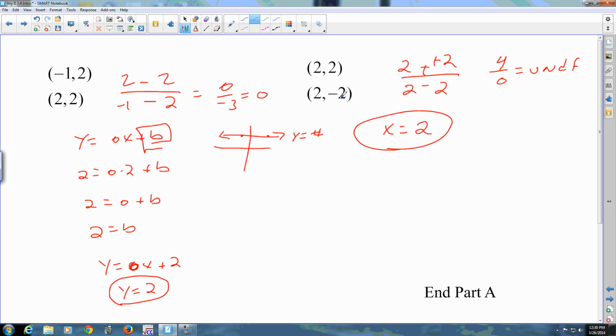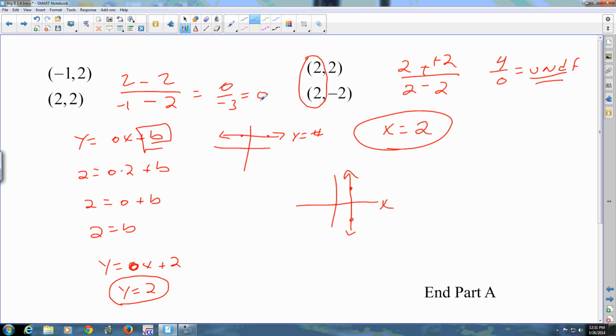So if you guys can recognize that, hey, my x's are the same, if I were to have graphed it, to the top one, 2, 2, 2 over 2 up, 2 over 2 down, that's a vertical line. So it's going to be an undefined slope, which means it only crosses the x, which means it's going to be x equals whatever the x value is.